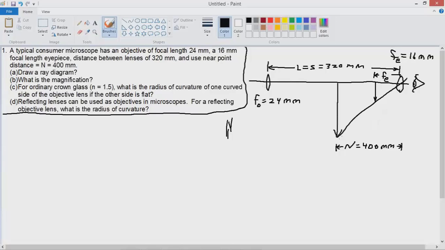Now, the first image. So this would be the image, and draw a line straight through. All lines going through the center of the lens are not deflected.